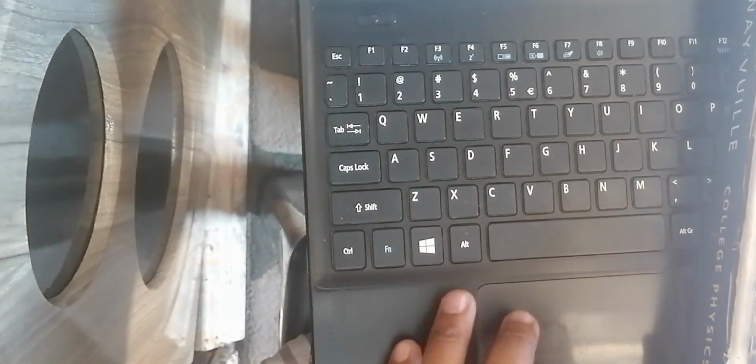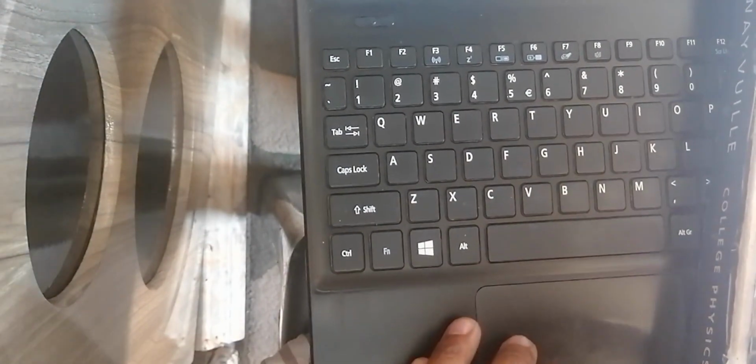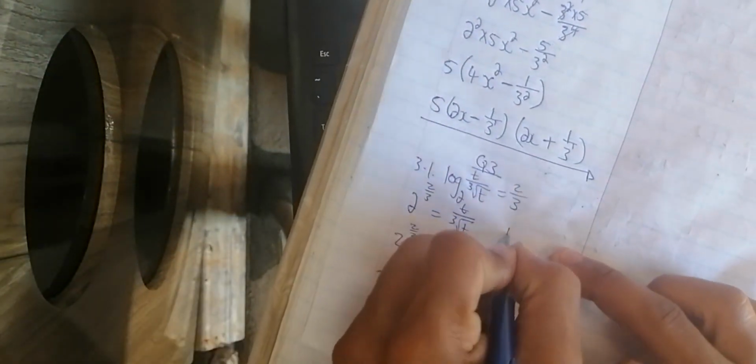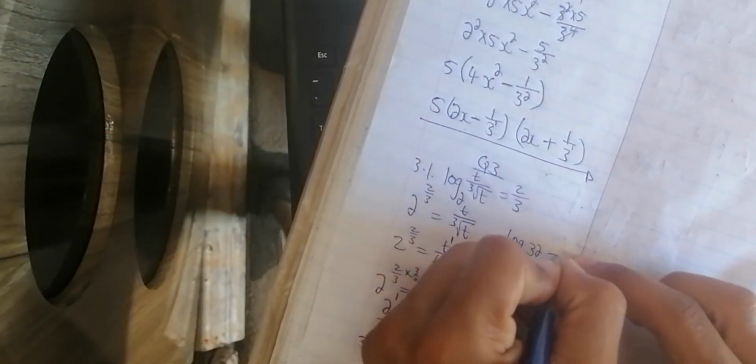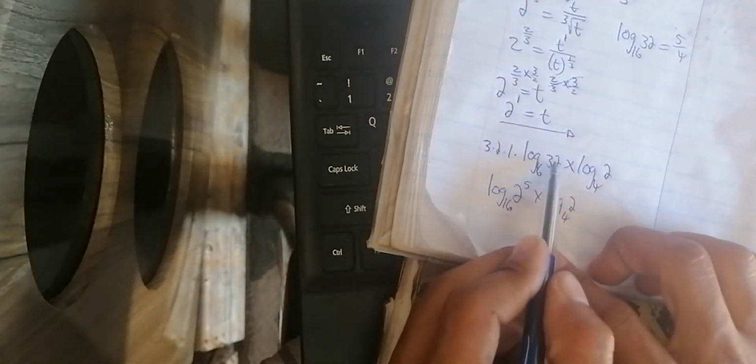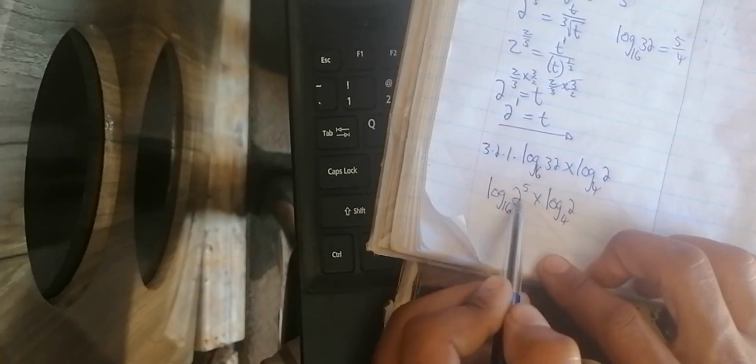Now let me do this. If you go to the calculator and you say log subscript 16 base 32, it will give you an answer of 5 divided by 4. I want to show you this. Now how was that obtained? That is the question. Remember what we said here. We said 32 is the same as 2 to the 5.